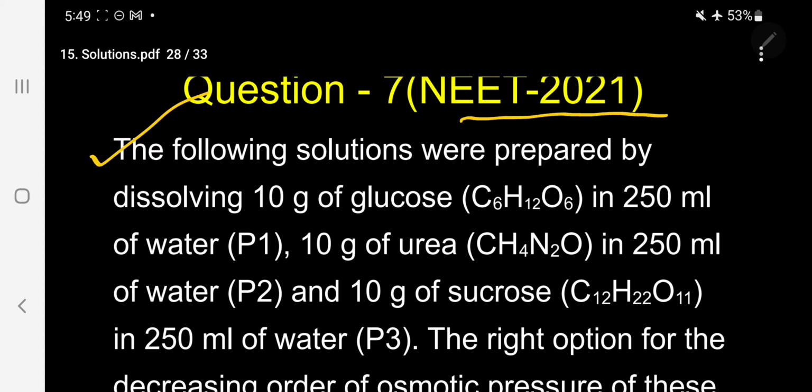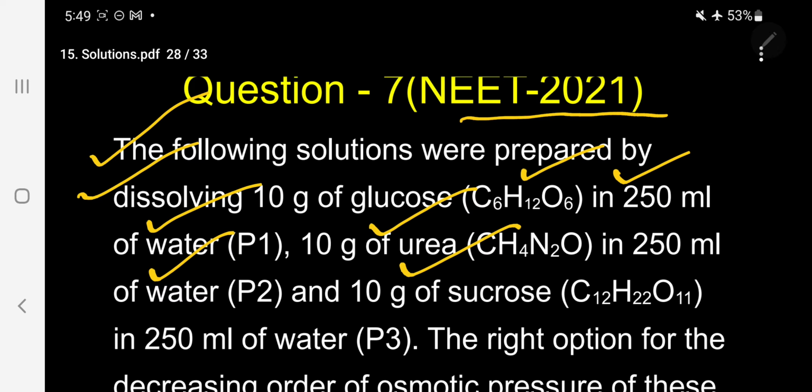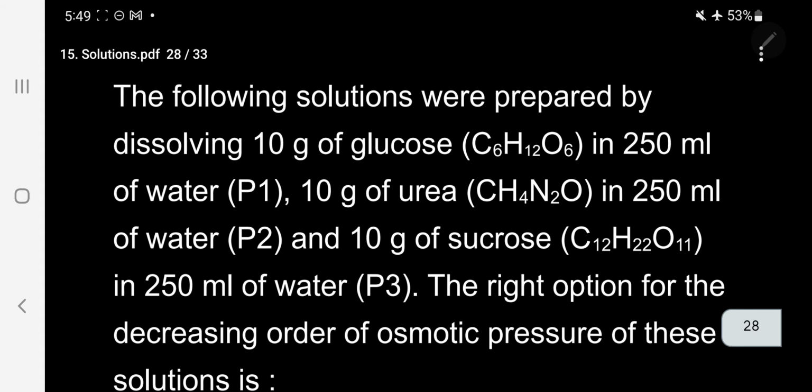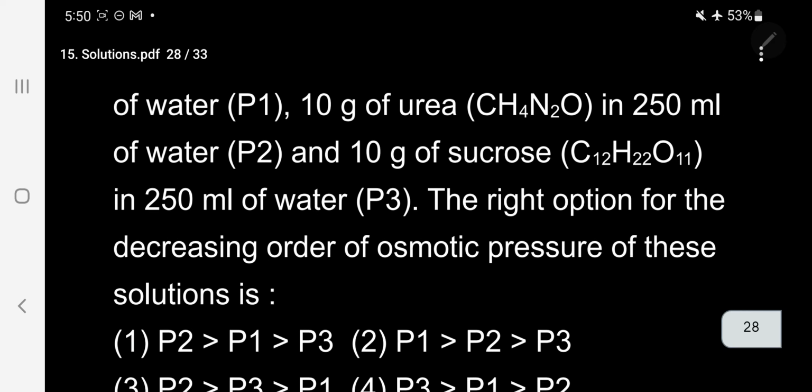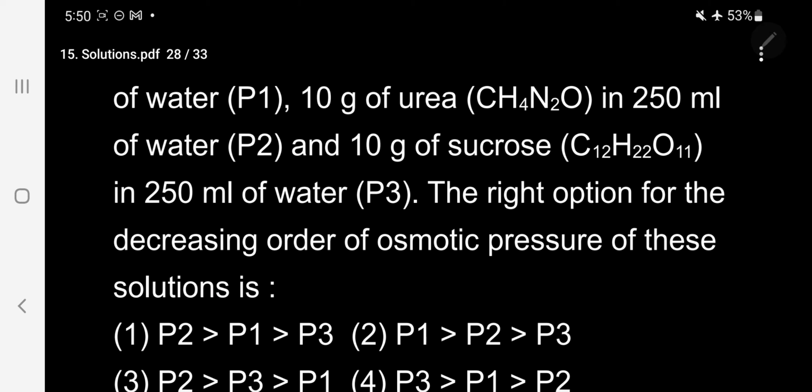The following solutions were prepared by dissolving 10 grams of glucose, C6H12O6, in 250 ml of water, with osmotic pressure P1; then 10 grams of urea, CH4N2O, in 250 ml of water, with pressure P2; and 10 grams of sucrose, C12H22O11, in 250 ml of water, with pressure P3. What is the right option for the decreasing order of osmotic pressure of the solutions?